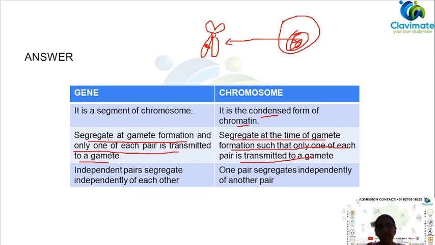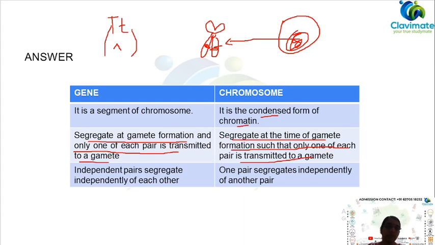For genes, we have two pairs, like capital T and small t. These are gene pairs. They segregate at gamete formation, and only one of each pair is transmitted to the gamete. That is, T goes to one gamete and t goes to another gamete.